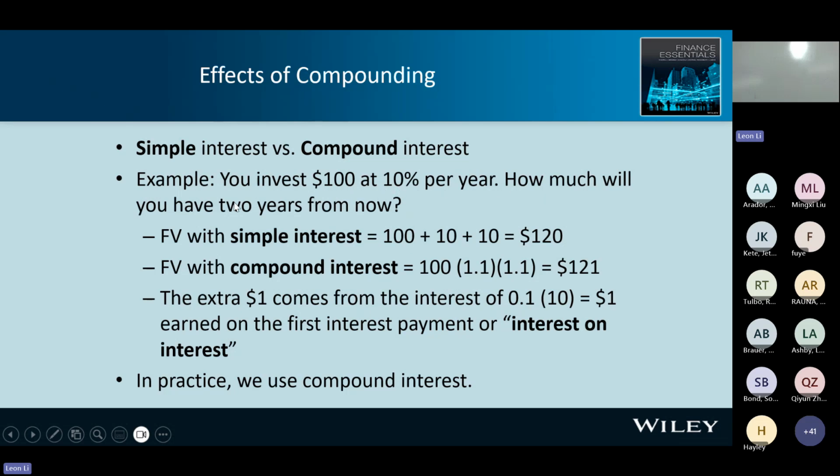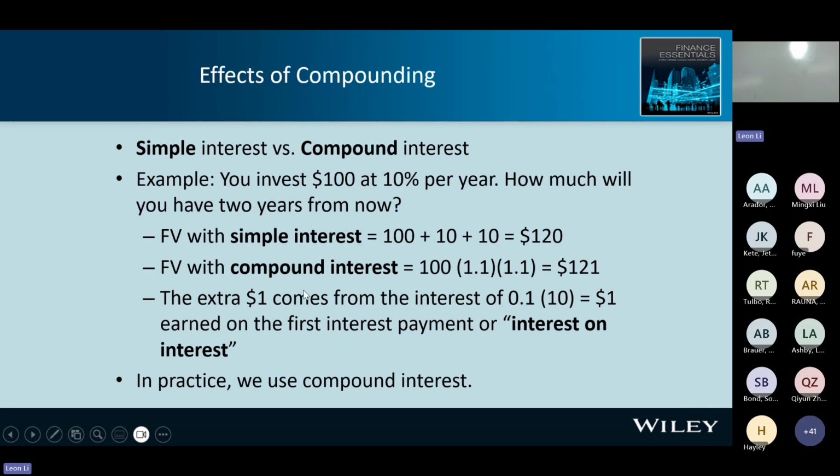How much will you have 2 years from now? If we consider simple interest, $100 your principal, $10 interest for year 1, another $10 interest for year 2. So together 120. This is simple interest.